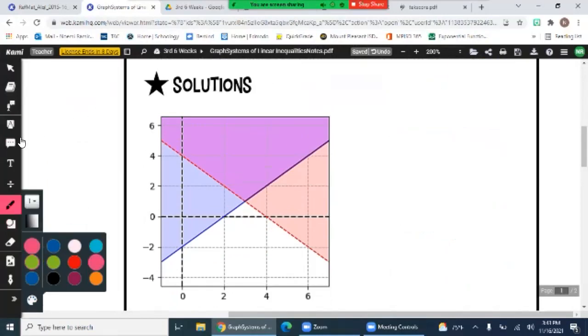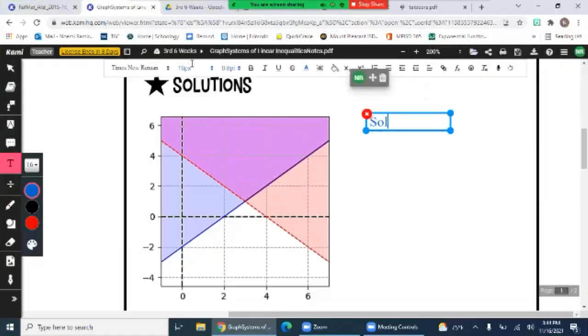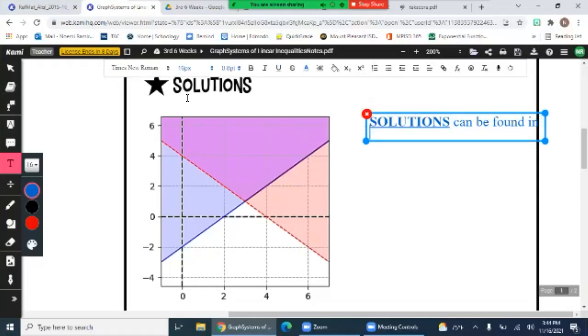Solutions. Remember, your solutions are going to be anywhere in the shaded area, but this time, since we are graphing a system, it has to fall specifically in the double shaded area. So solutions, bold, underline, can be found in the double shaded area or on a solid line.